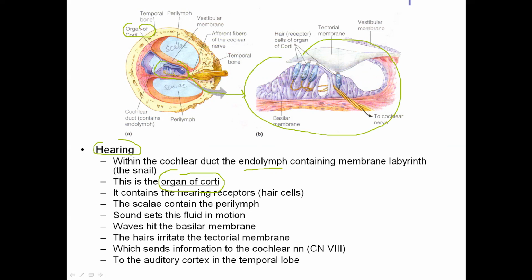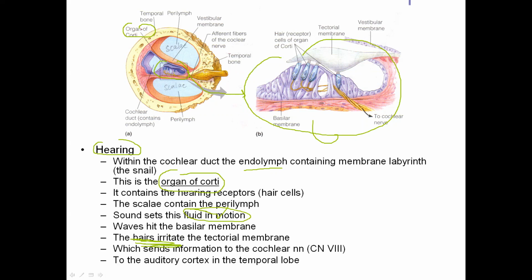Okay, so what happens is, as sound waves are coming in, the sound waves irritate the lymph, the fluid that's in your ear. The fluid is set in motion, and when that happens, it irritates your nerve hairs, which is a good thing.